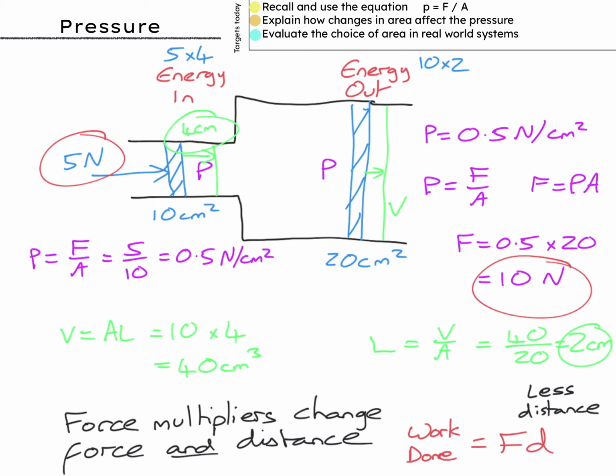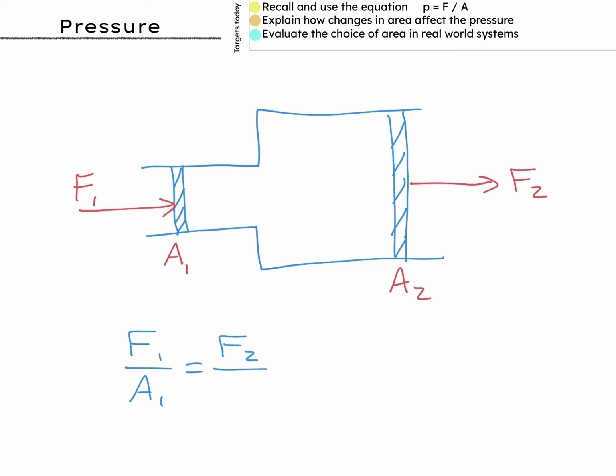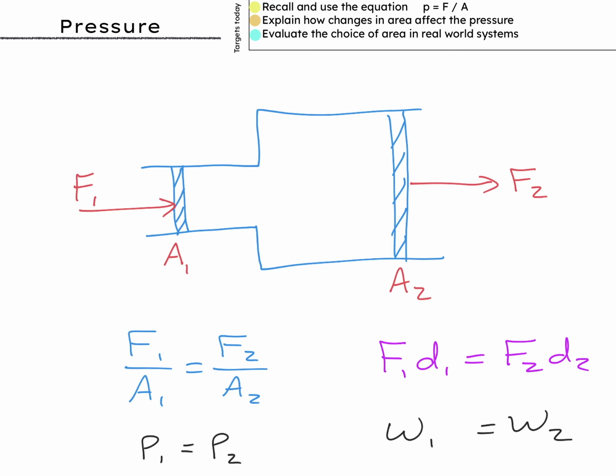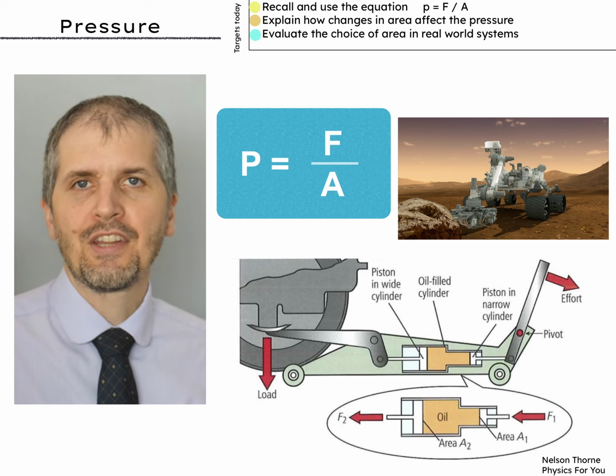More generally, I'll sketch this out again. F1 over A1 equals F2 over A2, since the pressure is constant. And for the distance moved, F1 times D1 equals F2 times D2, since the work done is constant. We'll look at work done more later in the course.